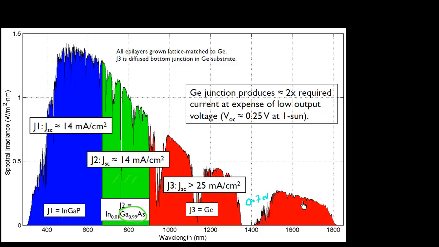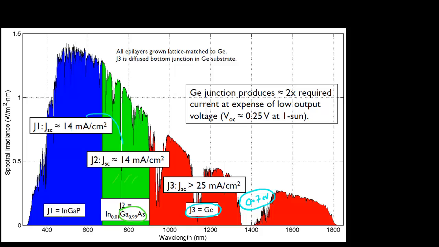So I immediately see the problem of choosing this germanium, which had a lower band gap as compared to the optimum. As a result of that, since it has a lower band gap, it is absorbing many more photons as compared to this top and this intermediate cell.